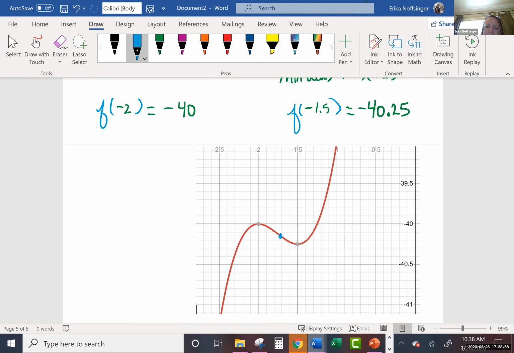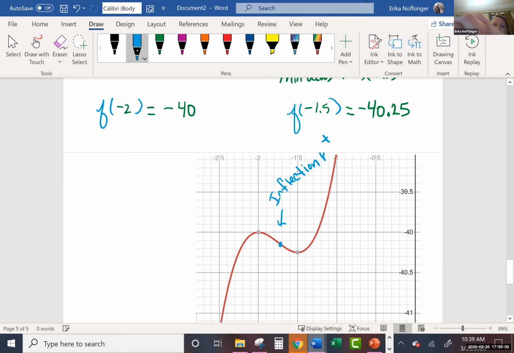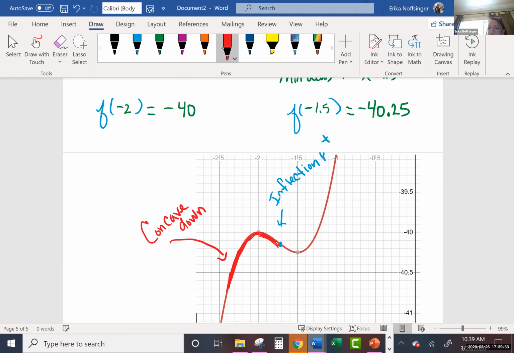Okay, so this was our inflection point. And this side of the graph, until we hit our inflection point, this was concave down. So notice when it's concave down, you can be increasing.